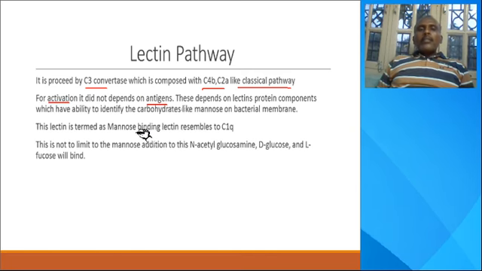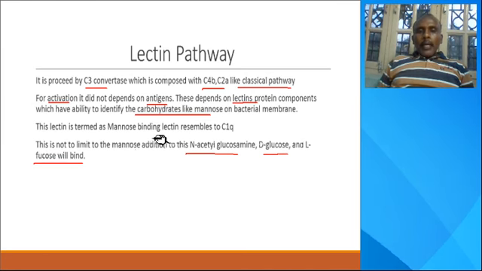On the antigens, it identifies carbohydrates like mannose by the lectin proteins. Additional to mannose, these also bind N-acetyl galactosamine, D-glucose, and L-fructose.